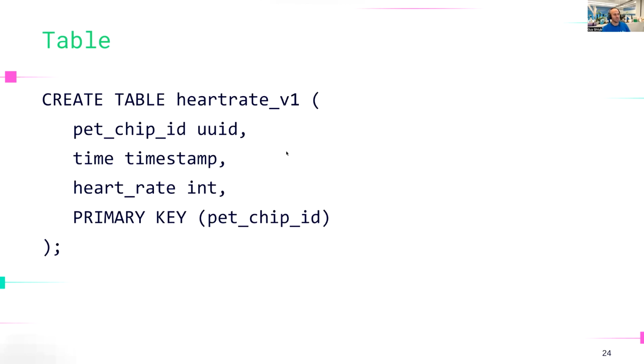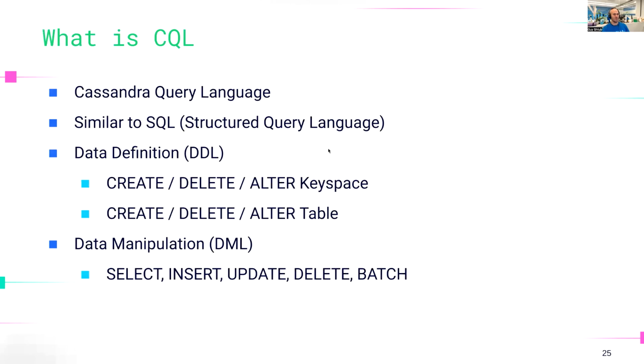So a partition key is not exactly the same thing as a primary key for relational databases. There are some differences. And when we talk about NoSQL, ScyllaDB, as well as Apache Cassandra, we talk about CQL. It sounds like SQL, but it's different.